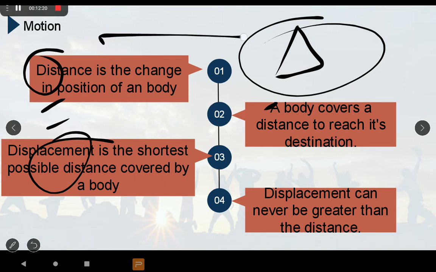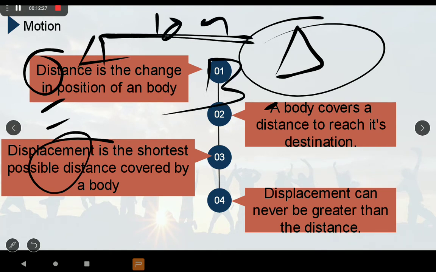For example, you take a straight line A to B, 10 meters. You travel a distance of 10 meters to point B. What if I ask you what the displacement is? Some curious students might say there is no line which is the shortest distance, so we cannot find it out.